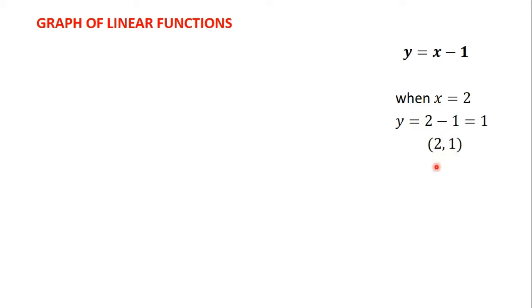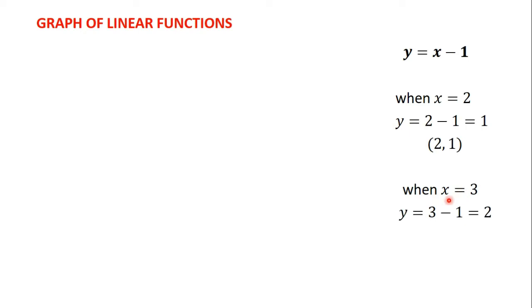We will need another point because to draw the graph of a linear function, we will need at least 2 points that fall on the line. So let's assume another value for x. When x is equal to 3, we will then substitute this value into the function to get the value for y.